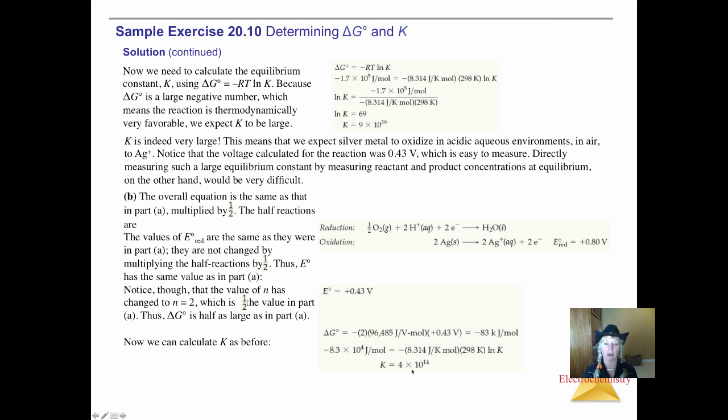Now you have a value that is substantially less. And that's because the number of electrons have changed. So when you change the number of electrons, it doesn't impact voltage, but it could impact your Gibbs free energy, and it will impact the value of your equilibrium constant. So that's kind of a cool thing where you can put all three of those factors together: equilibrium, thermodynamics, and electrochemistry.